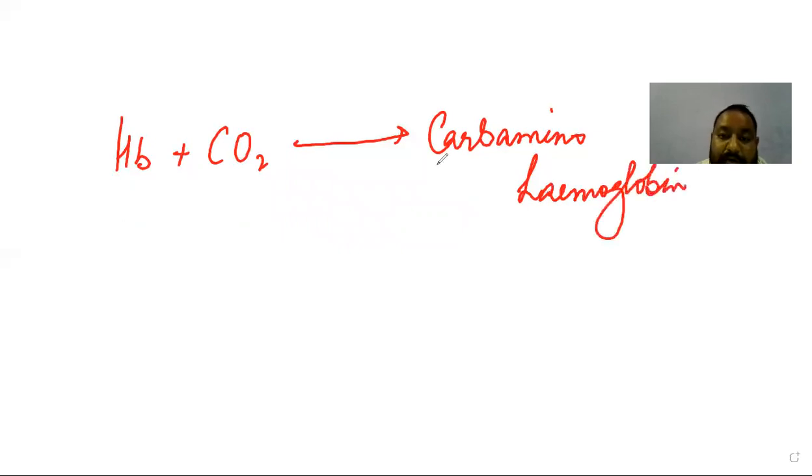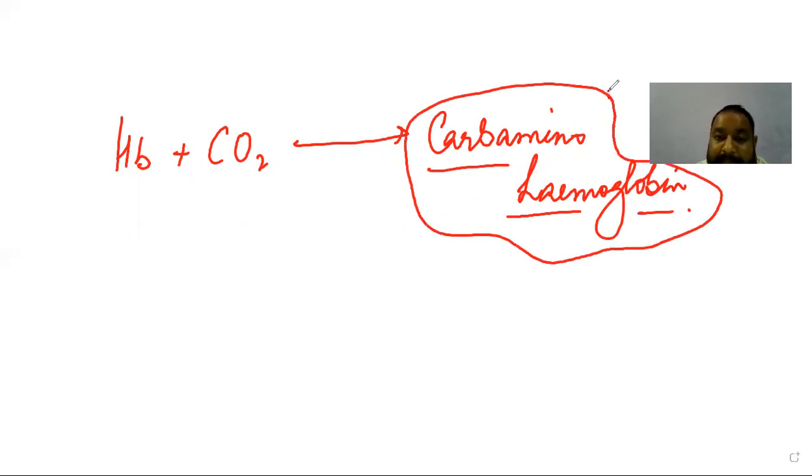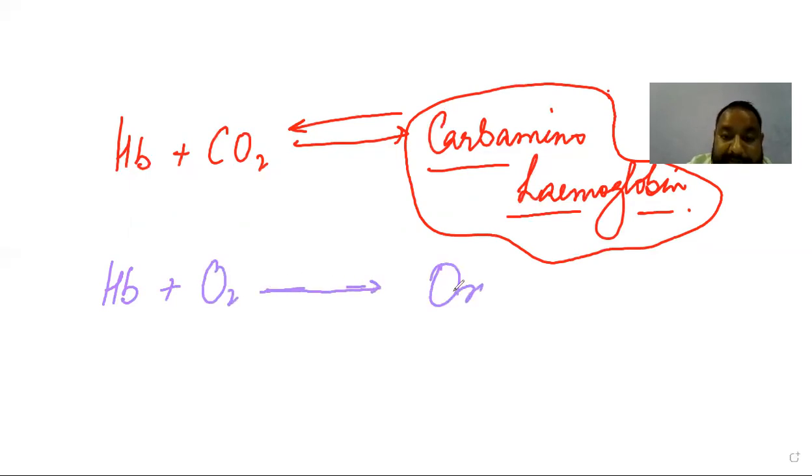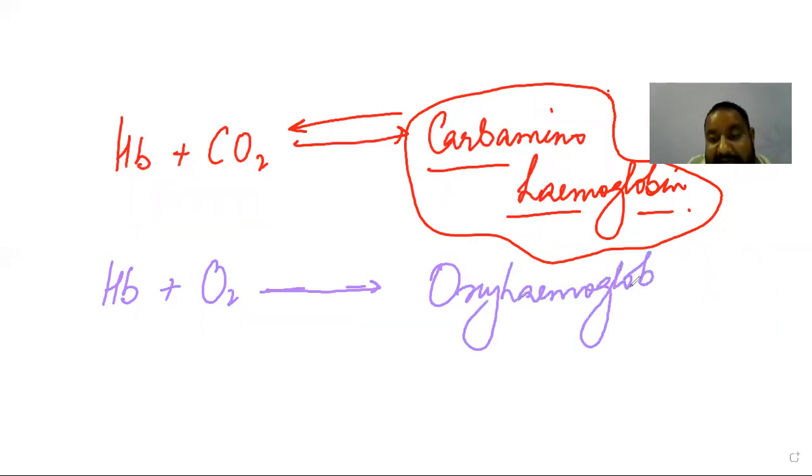This carbaminohemoglobin formation is a reversible process. That means the carbaminohemoglobin is going to dissociate into hemoglobin and carbon dioxide. At the same time, whenever the hemoglobin combines with oxygen, it will form oxyhemoglobin. And this reaction is also reversible.